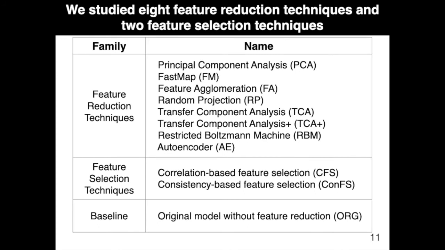In this research, we study 8 feature reduction techniques and 2 feature selection techniques. We select the 2 feature selection techniques since prior studies reported that these perform the best among the feature selection techniques on defect prediction. In addition, we use the original features to measure the performance without any feature reduction or selection techniques.